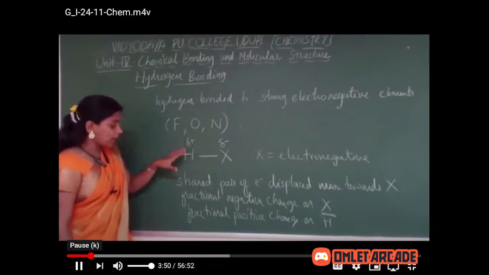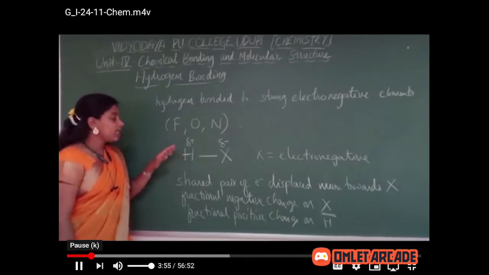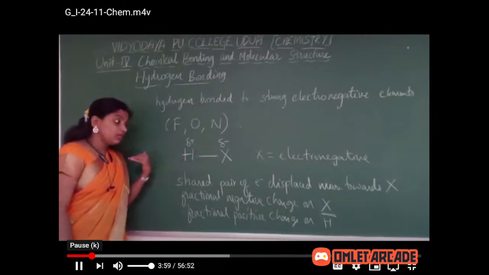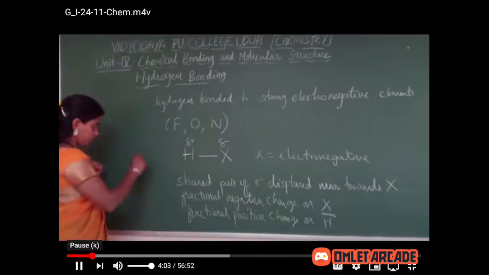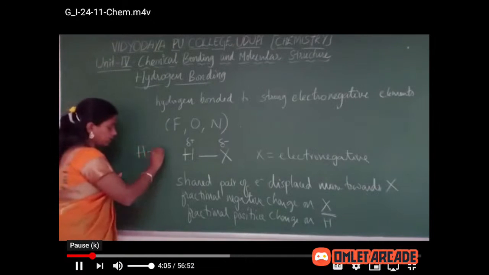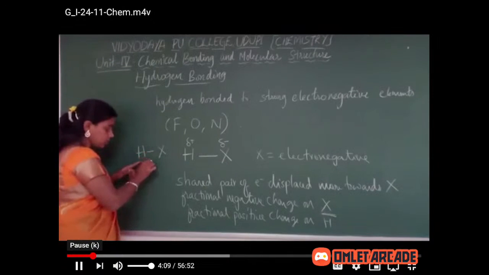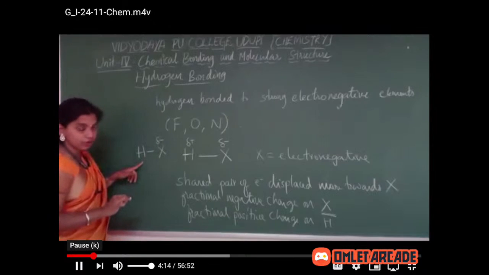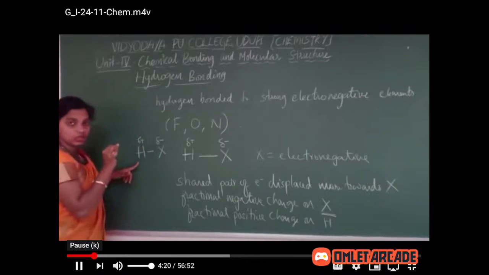So this partially positively charged hydrogen has the tendency to attract the highly electronegative element of the other molecule. For example, here HX is there. In this HX molecule, X is partially negatively charged and H is partially positively charged.